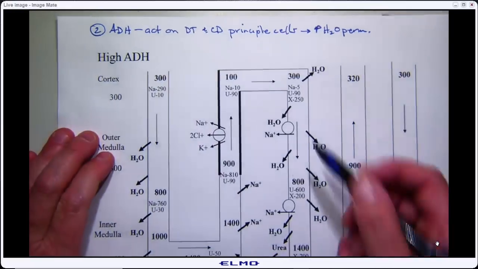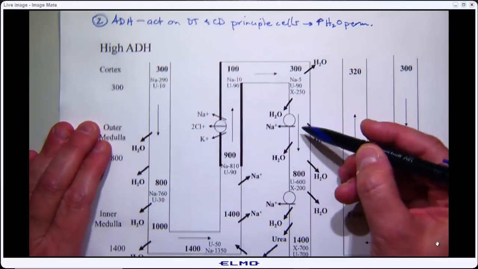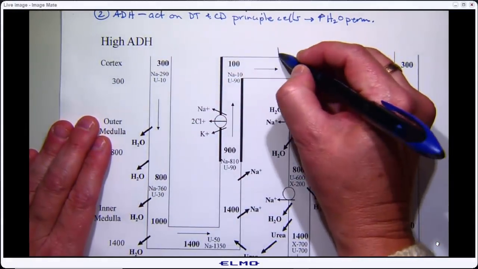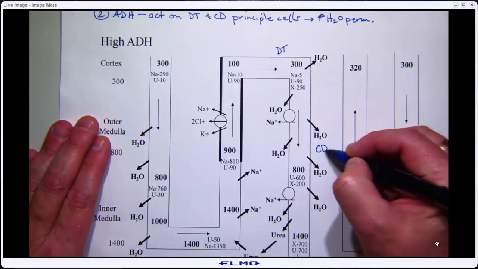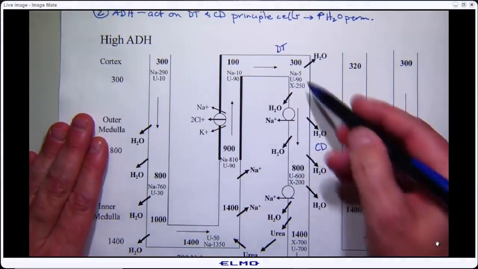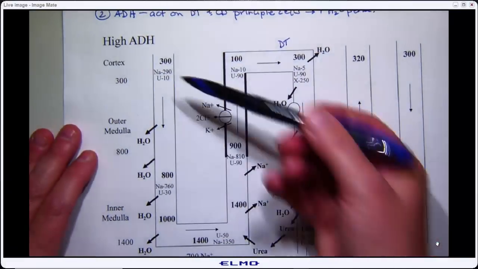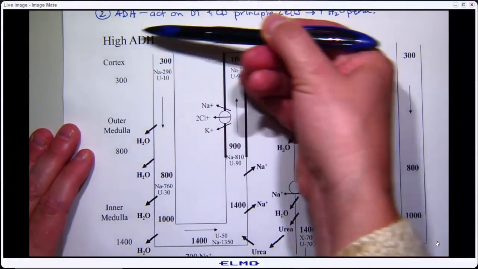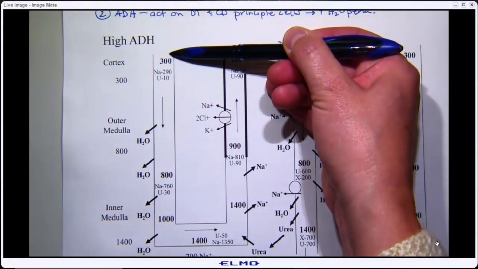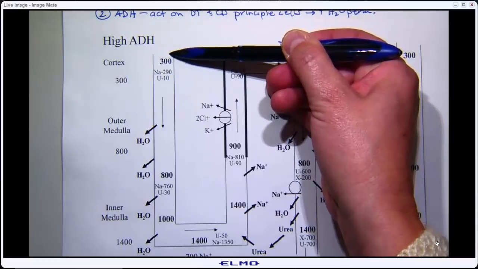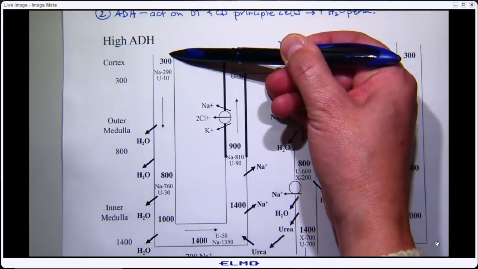Okay, so if suddenly this region, this is our distal tubule and our collecting duct over here, is suddenly more permeable to water, let's then go through what would happen in this scenario. Okay, so again, we would start at the end of the proximal tubule. So remember all that obligatory movement at the proximal tubule, took all kinds of stuff out.